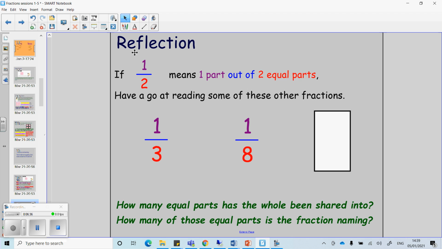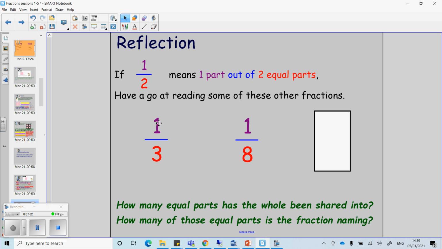Okay, let's have some more thinking time. If 1/2 means 1 part out of 2 equal parts, have a go at reading some of these other fractions. What would this one say? And what would this one say?